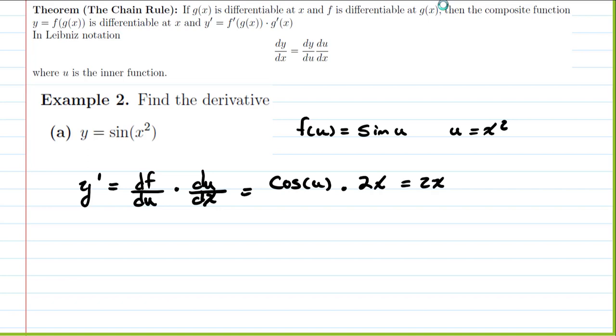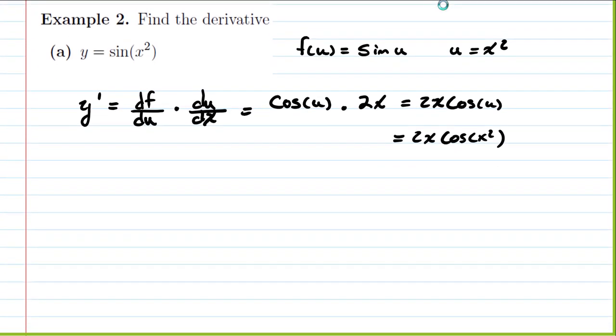So we get 2x cosine u, but we know u is x squared. So we get 2x cosine x squared. So the derivative of the function composition of sine and x squared, the derivative of sine x squared, is 2x times the cosine of x squared.